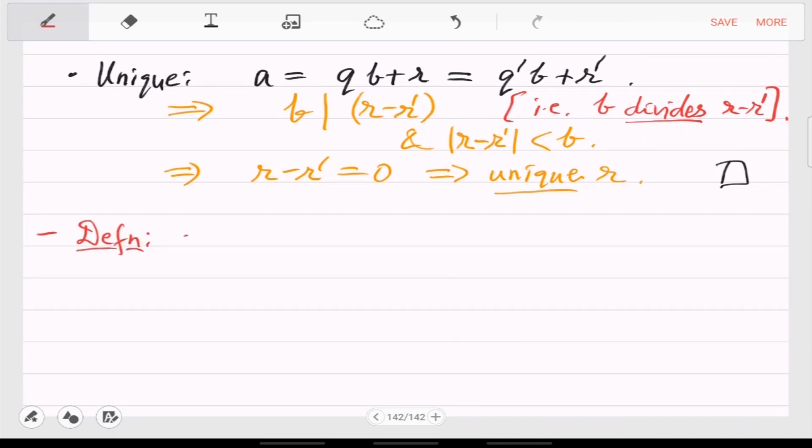Yeah, let's just put some definition. So we say B divides A if the remainder is 0, or maybe in the above notation A divides B if R is 0.